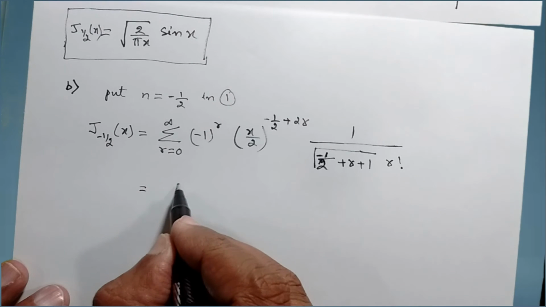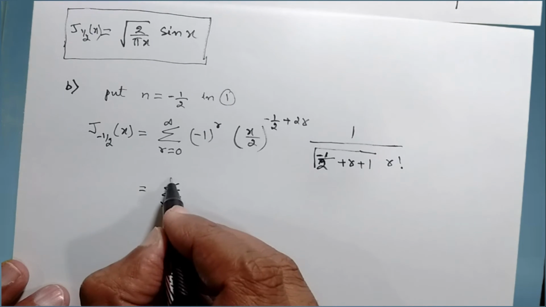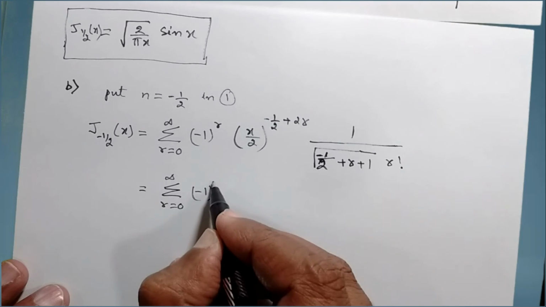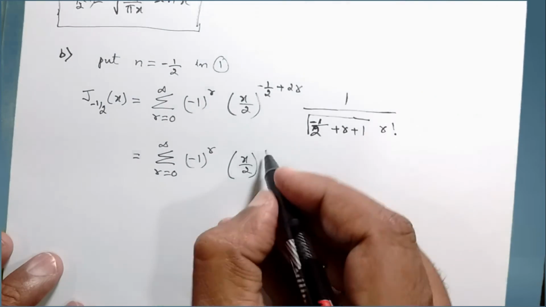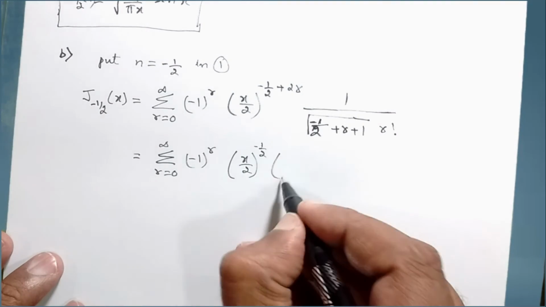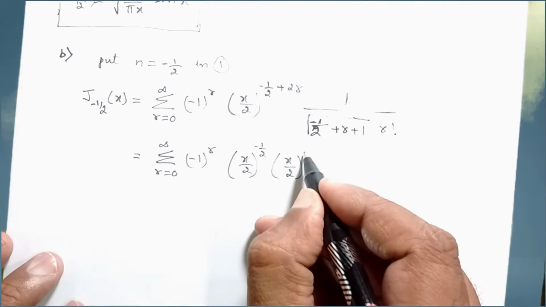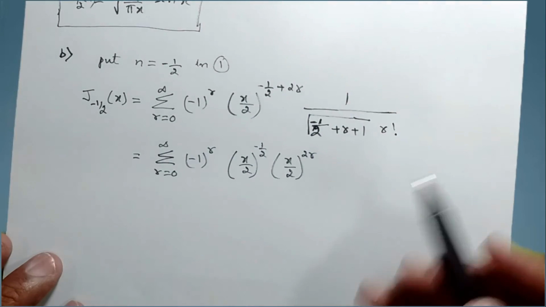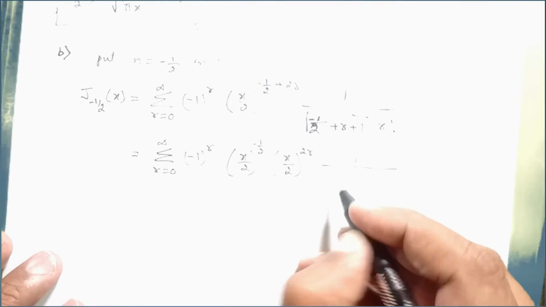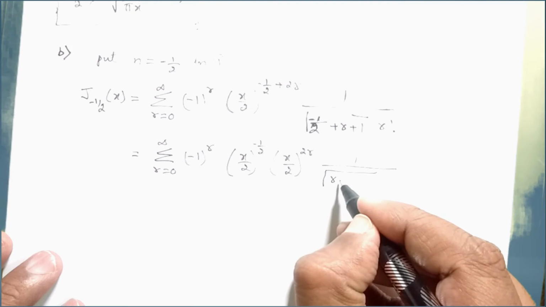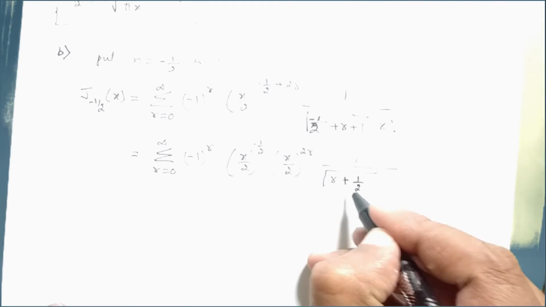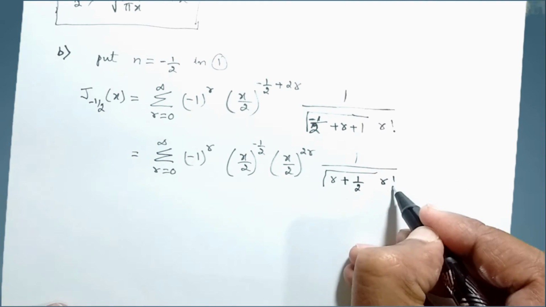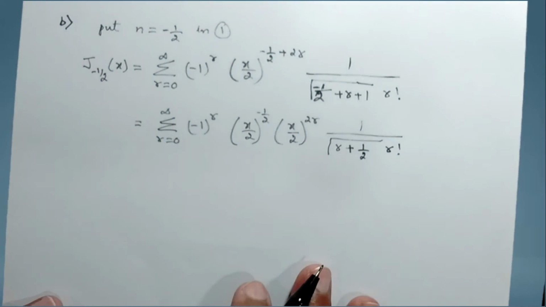Or if you further simplify, it will become summation of r is equal to 0 to infinity, minus 1 power of r into, I can write this as x by 2 to the power of minus of half into x by 2 to the power of 2r. Separating those powers here, 1 by gamma of r. Here you can see this plus 1 and minus half. So 1 minus half will become half. So it becomes gamma of r plus half into r factorial.